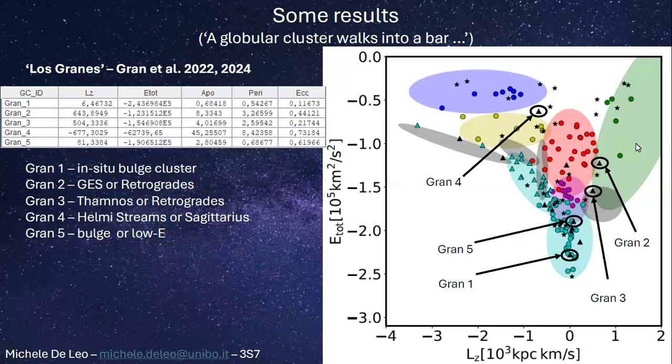For what regards Gran 1, he sits very nicely in the potential well, a well-behaved globular cluster from the bulge.